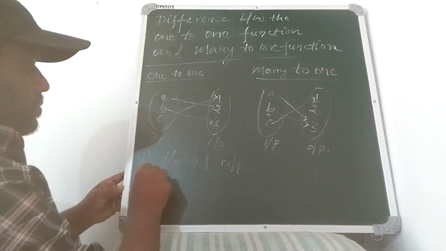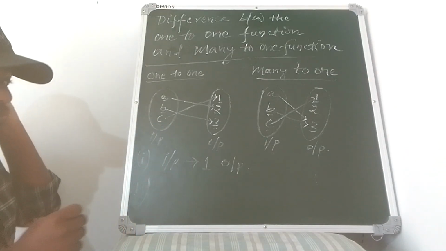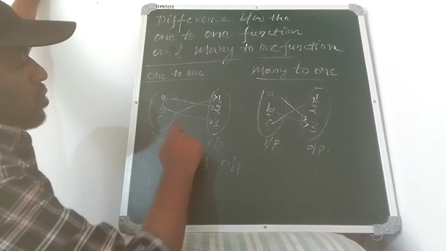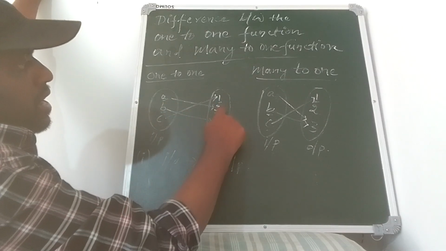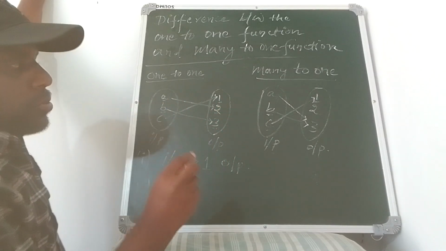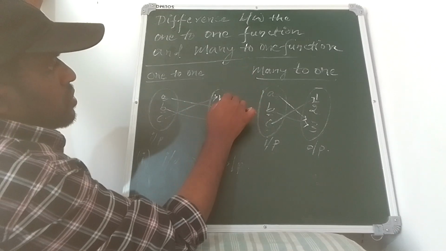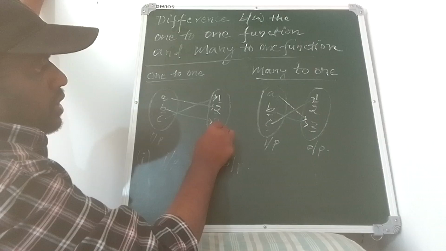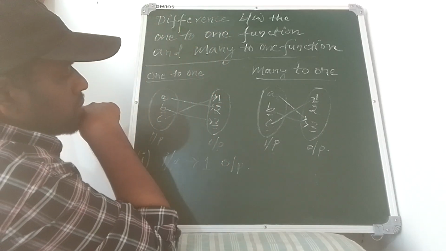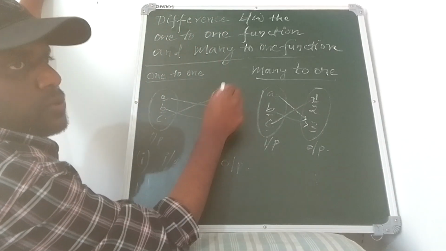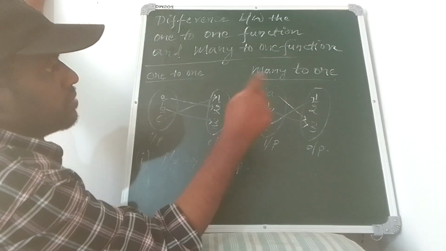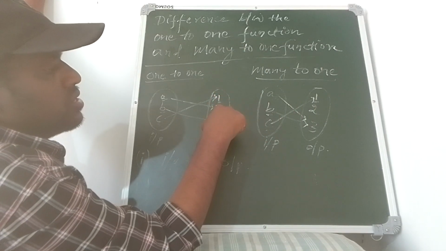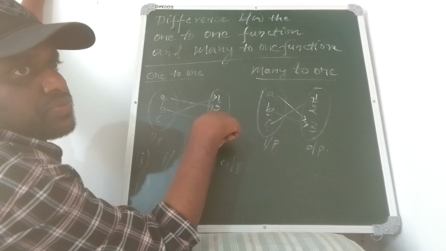Now the second point. Consider the one-to-one function. I already said each input has exactly one output. Okay, so these are the outputs 1, 2, 3. Correct. See, these outputs are different, distinct. 1 is different, 2 is a different number, 3 is a different number.